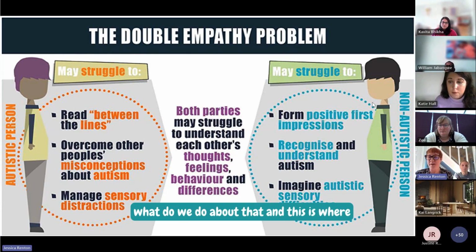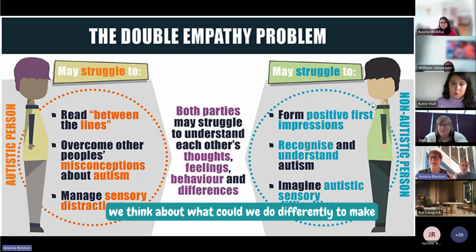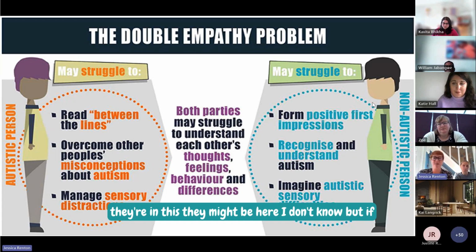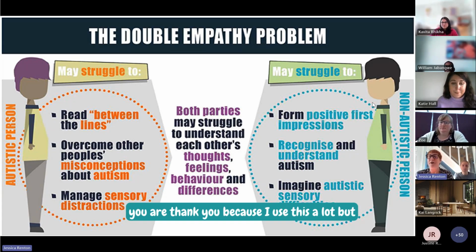So what do we do about that? And this is where reasonable adjustments come in. This is where we think about what can we do differently to make this work more effectively. So it's about taking steps. One of the examples that a colleague used, and I don't know if they're here, but if you are, thank you, because I use this a lot.